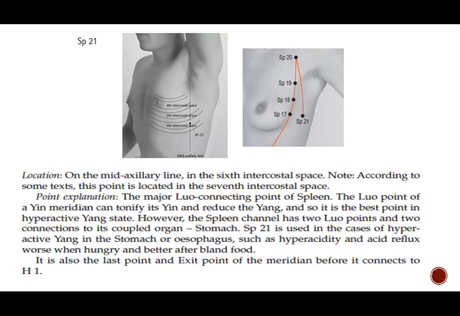Point explanation: the major luo connecting point of the spleen. The luo point of a yin meridian can tonify its yin and reduce the yang, so it is the best point in a hyperactive yang state.